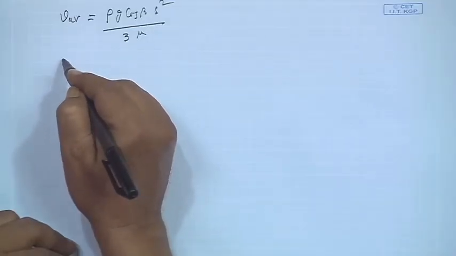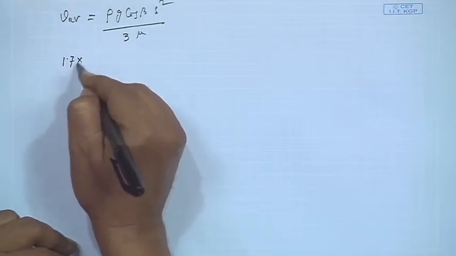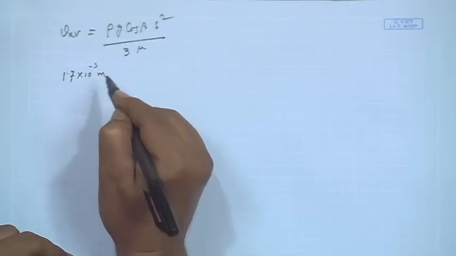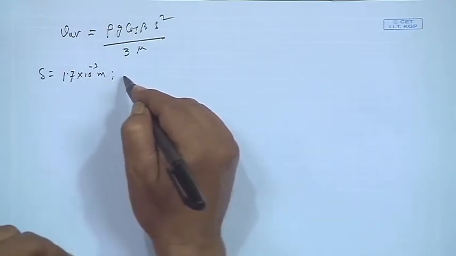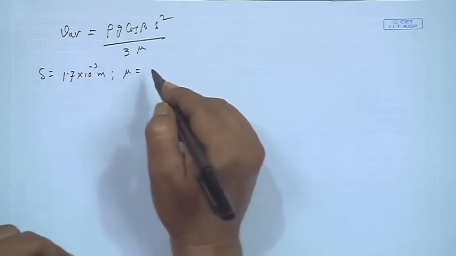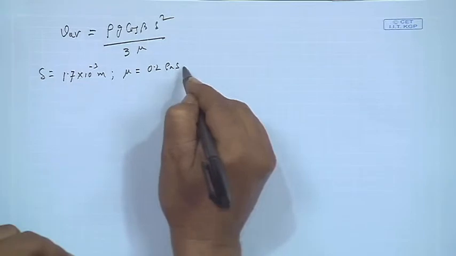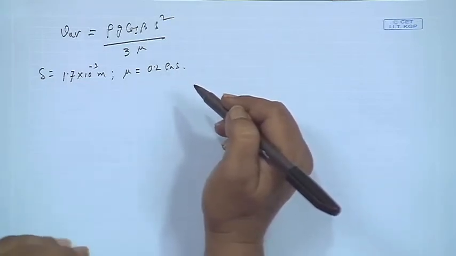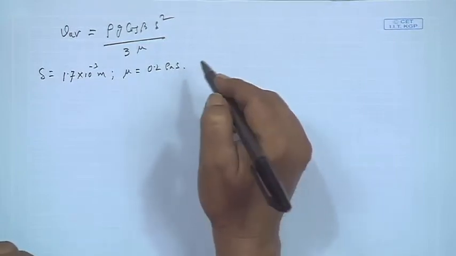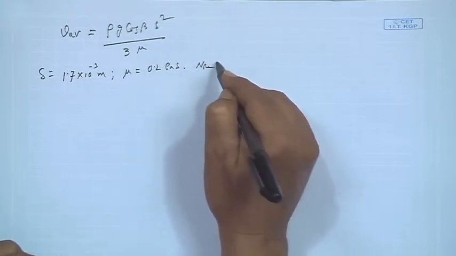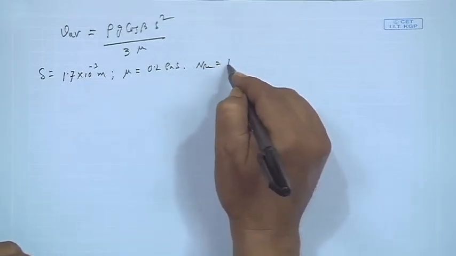Suppose we have the other values: the thickness of the film is 1.7 times 10 to the minus 3 meter, the viscosity of the oil is say 0.2 Pascal seconds, and the Reynolds number for the flow is say 16.